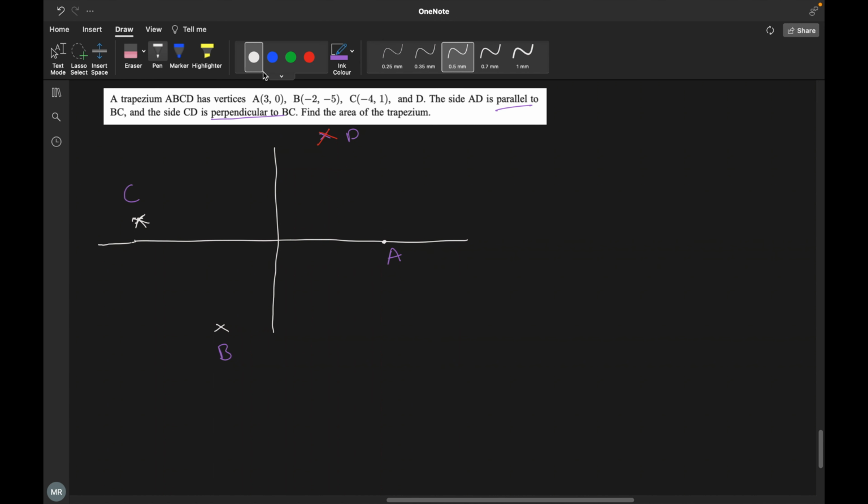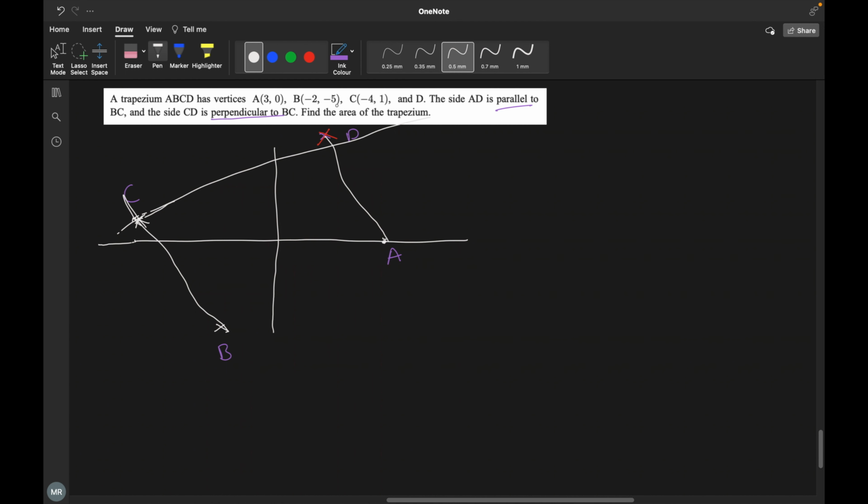According to this question, the side AD is parallel to BC and CD is perpendicular to BC. So first let's find the gradient of BC.